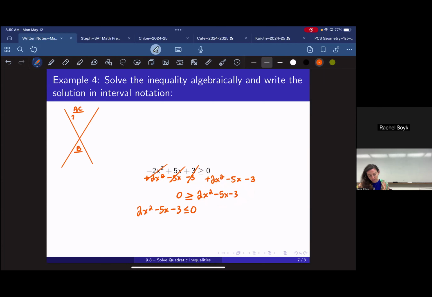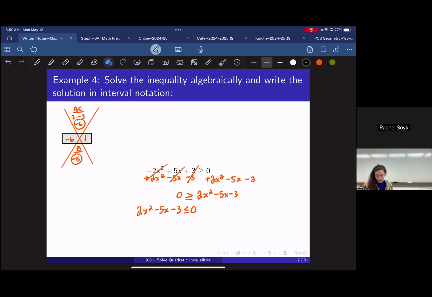Our 2 times negative 3 is negative 6. What are factor pairs of negative 6 that add to negative 5? It does work, right? We have negative 6 and positive 1.